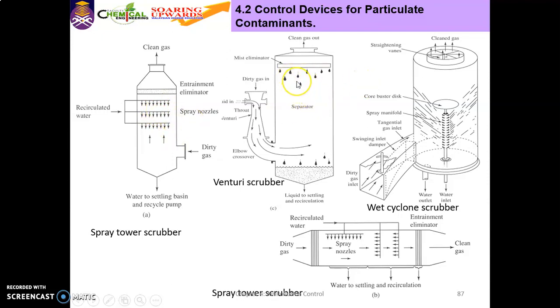That is why it is called a wet collector, because it uses liquid. The dirty gas inlet is also from the bottom, liquid droplets are sprayed and clean gas comes out at the top. The same basic concept.